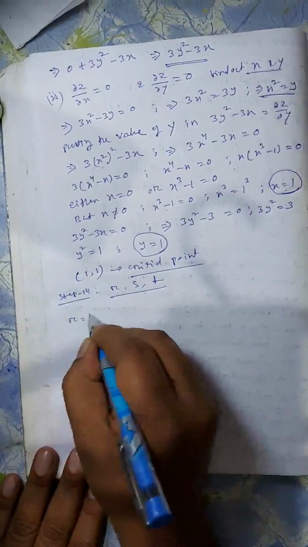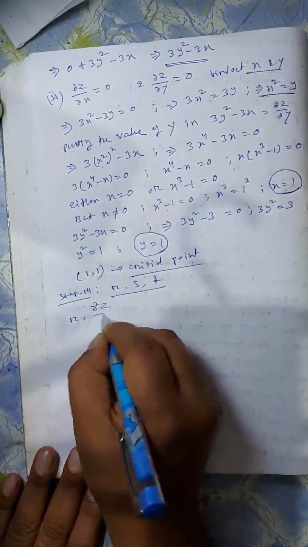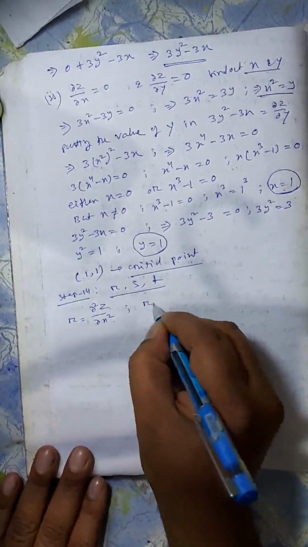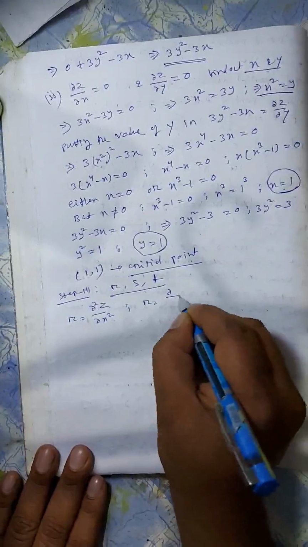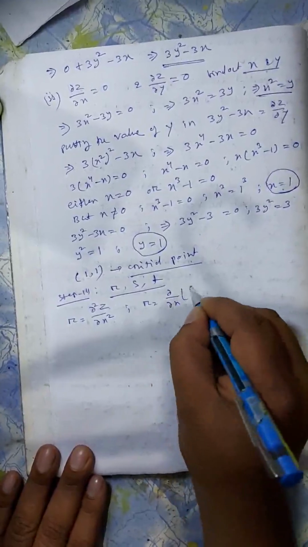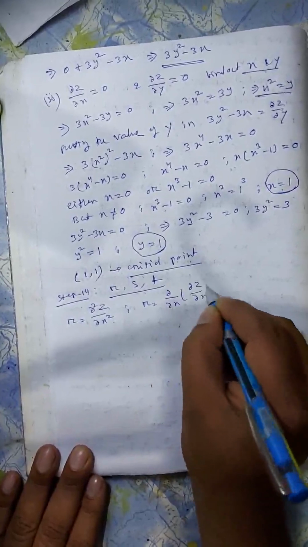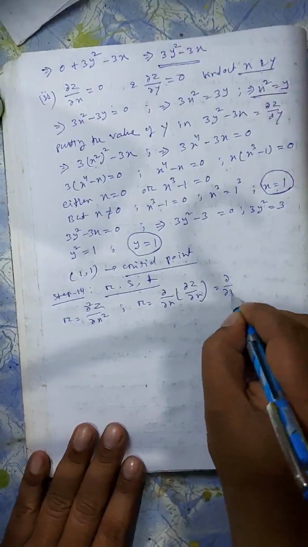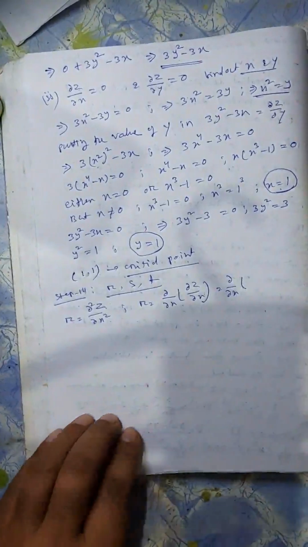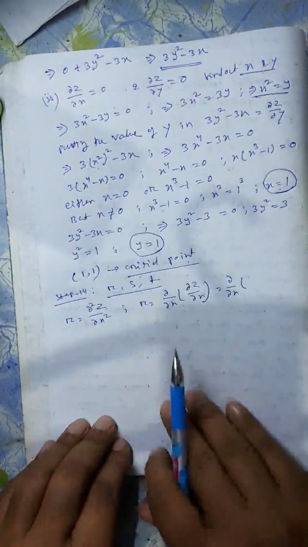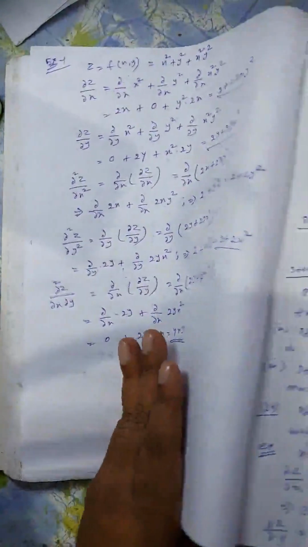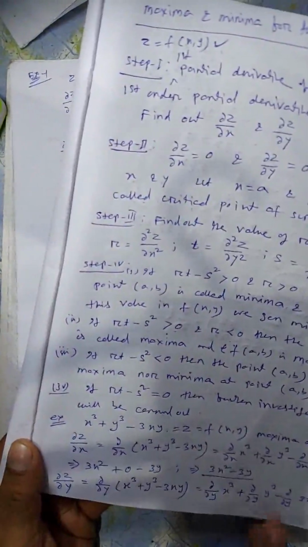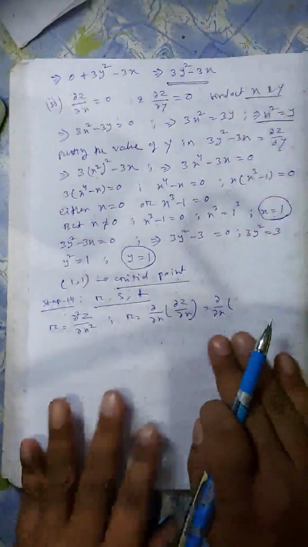R is equal to del square z by del x square. So R is equal to del by del x of del z by del x. Del z by del x is equal to 3x square minus 3y.